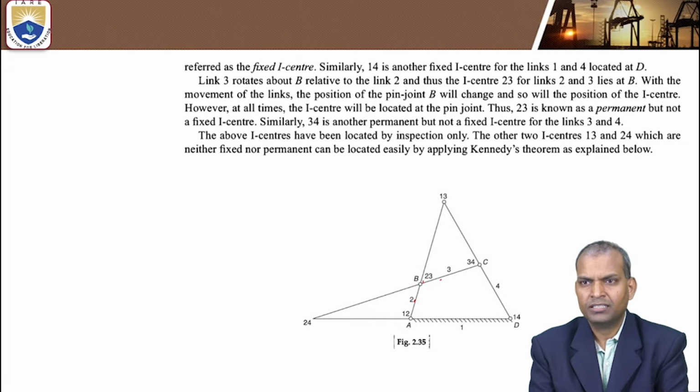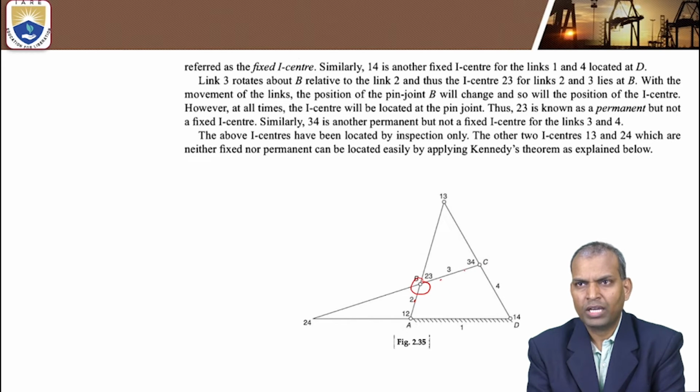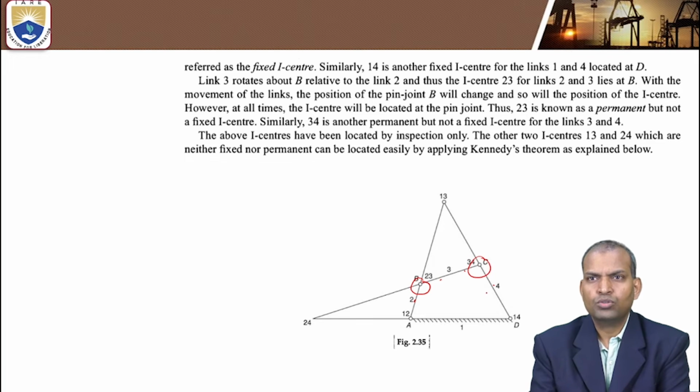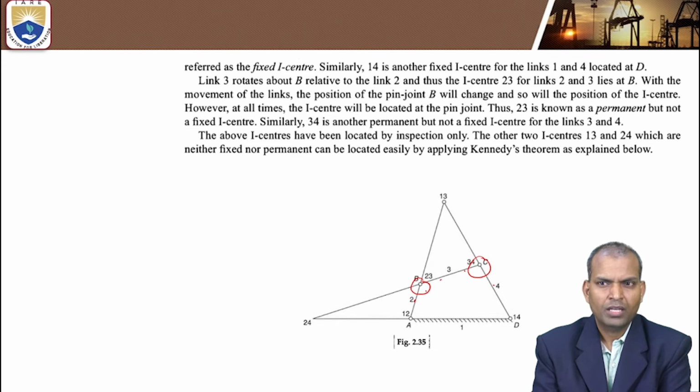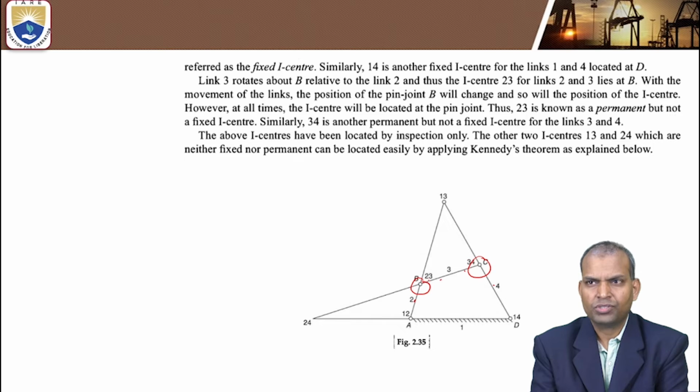Now coming to instantaneous centers 2, 3 and 3, 4. These are other instantaneous centers. This is 2, 3. They remain the same in spite of the rotation of links 2 and 4. So these instantaneous centers are permanent but not fixed. These are known as permanent instantaneous centers. Now there are two more instantaneous centers, 2, 4 and 1, 3.